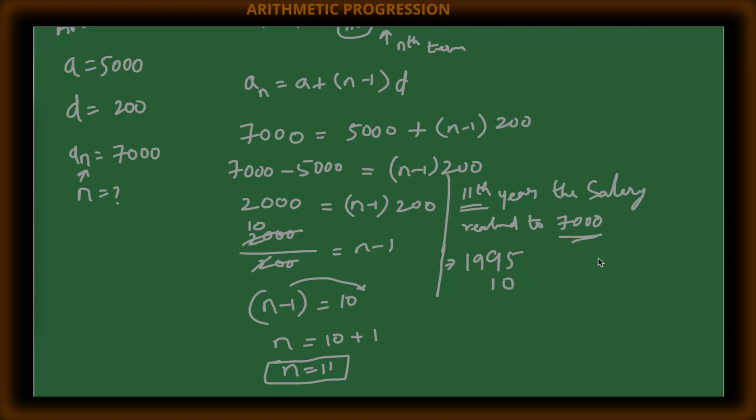The first year it was 5000, right? So first year is 5000. Second year is 5200. Like that, the 11th entry became 7000. So it should be 10 years. Hope this is clear.